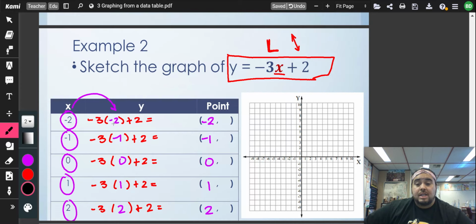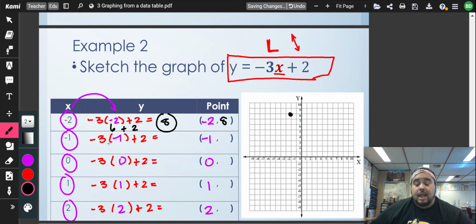So -3 times -2 is +6 plus 2. That's going to give me 8. And that will be my y value for this ordered pair. So that's -2, 8. And I'm going to go ahead and graph that. So starting at 0, I go left 2, and I go up 8.